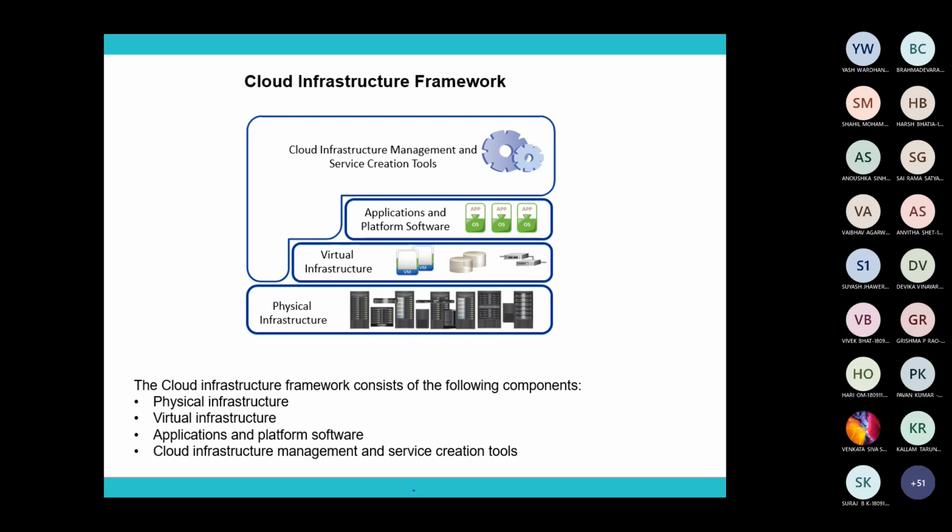On top of that, what you see is the virtual infrastructure. With the help of the physical infrastructure, you are going to create the virtual infrastructure. Based on the type, if it is related to compute, you will get it in the form of a virtual machine, where you can explicitly specify what amount of processors or RAM is needed.